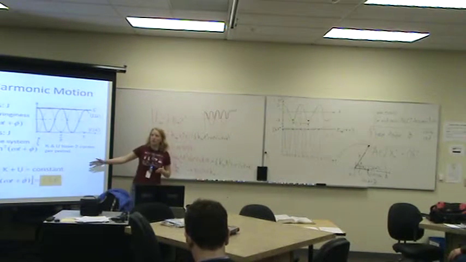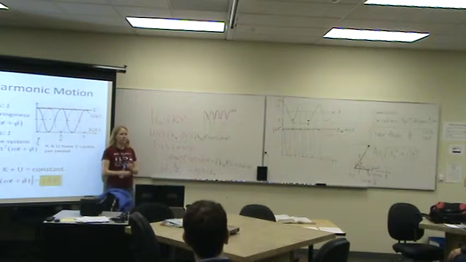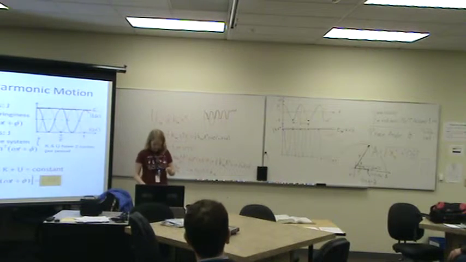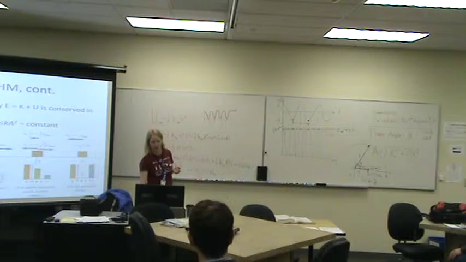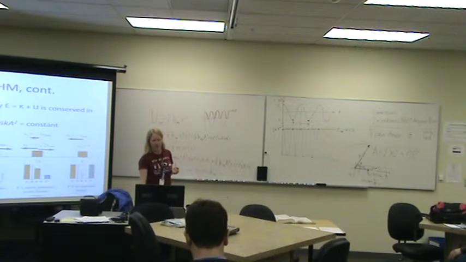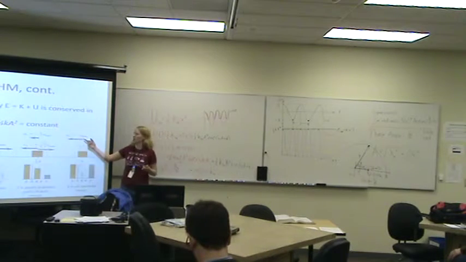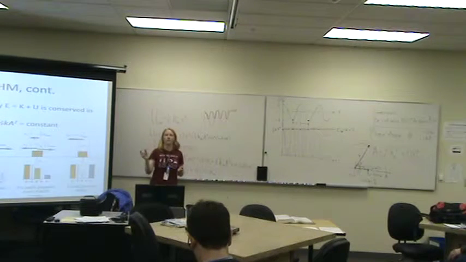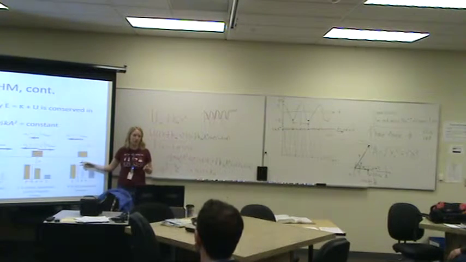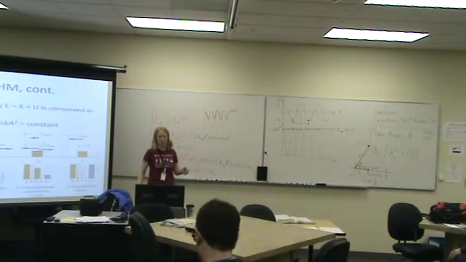So questions about that? This is a visualization of the same thing, just showing that at various points along its path, this oscillating block is interchanging between kinetic and potential energy.